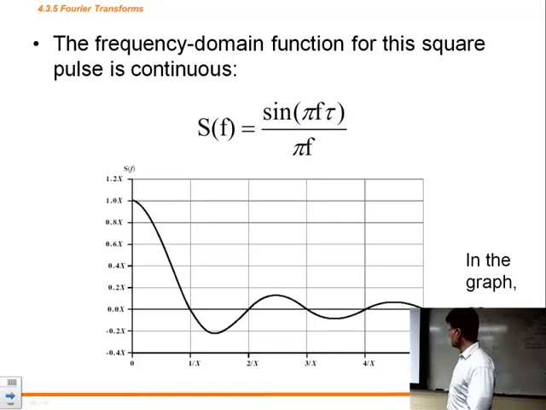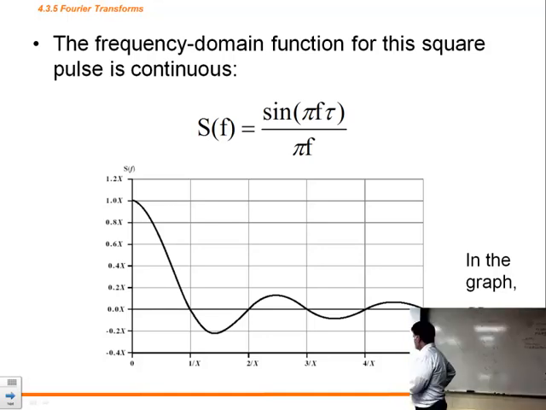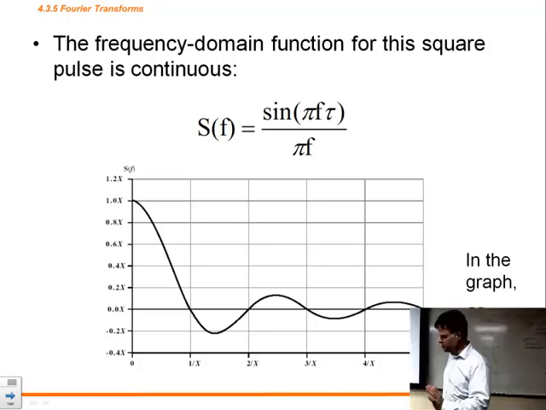So suppose you are only allowed frequencies, or maybe your equipment can only handle frequencies between -1 over tau and +1 over tau. Or maybe the medium absorbs frequencies that are higher than that. Or maybe the FCC won't let you broadcast at frequencies outside of that range. So you're only allowed from -1 over tau to +1 over tau.